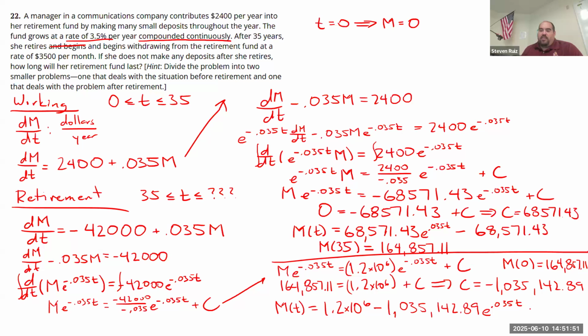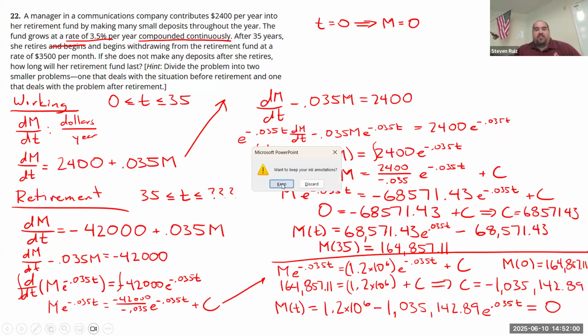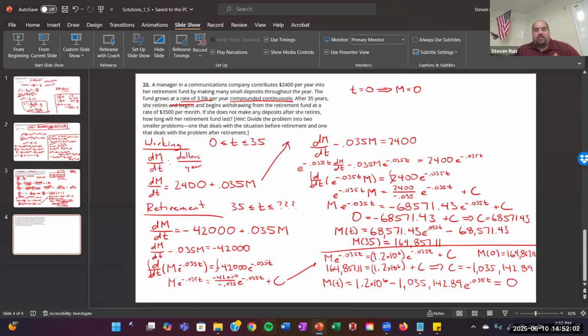Now, what am I doing with this? I want to know where this thing equals 0. I know we've come this far, but I'm going to go ahead and take this to Desmos.